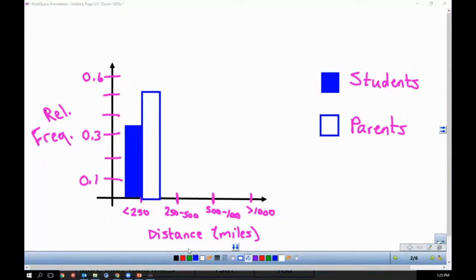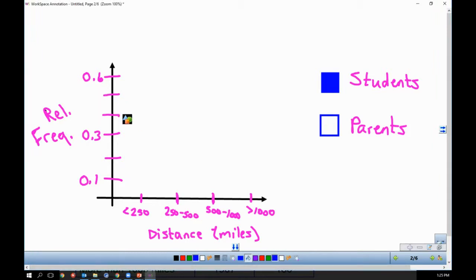I'm gonna have to, y'all bear with me. Keep graphing it. I'm gonna have to redraw my graph because this size is bothering the heck out of me. 0.35.